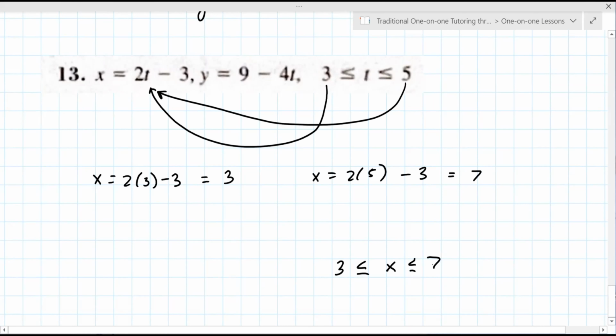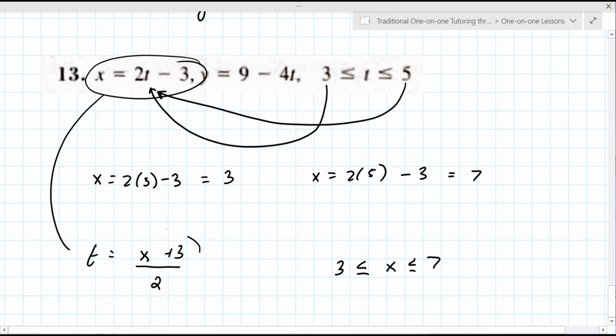And if you hadn't seen that in class, it's not really important, but it's something that this problem is emphasizing. So again, this equation, you have to solve for t. So t equals x plus 3 divided by 2. And that goes into t in the other equation.